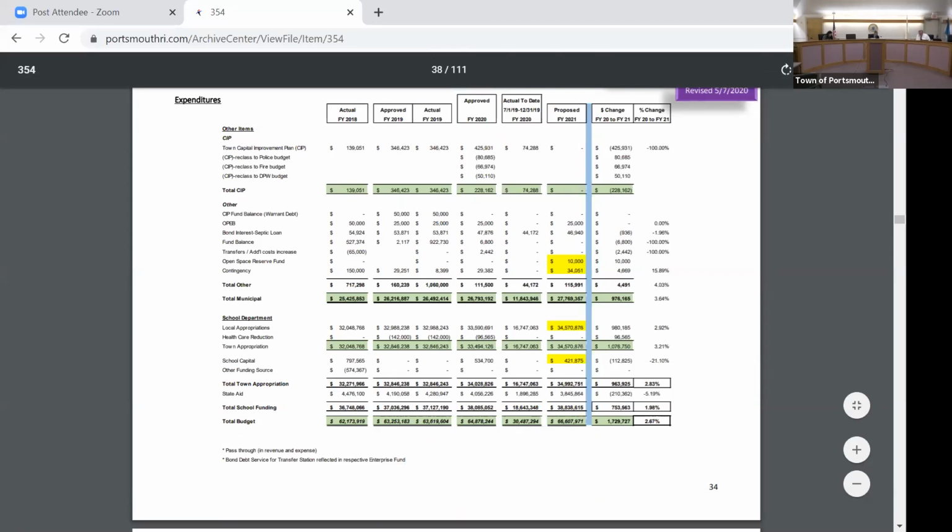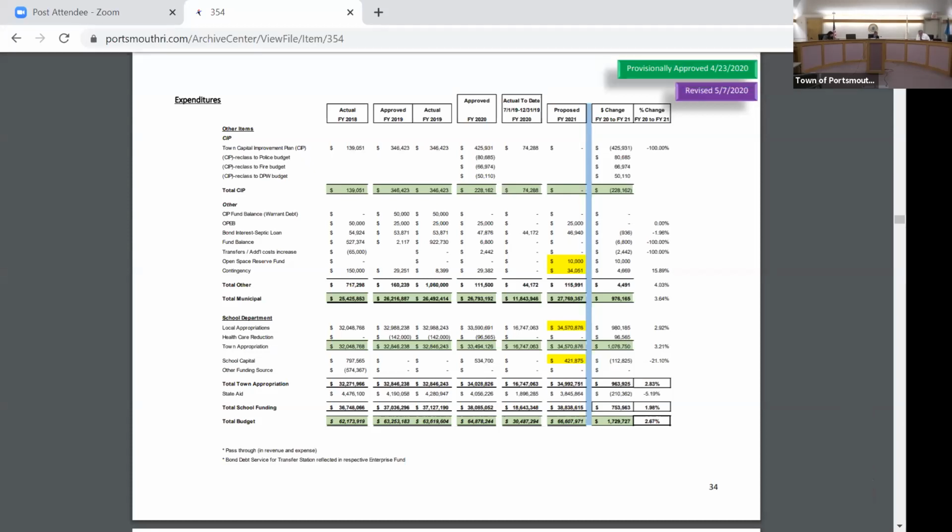We anticipate that so far the planning board has given it approval, and I anticipate that it will be popular. So we are asking for new provisional approval of $34,051 for contingency expenditures and provisional approval of $10,000 for a restricted open space fund.